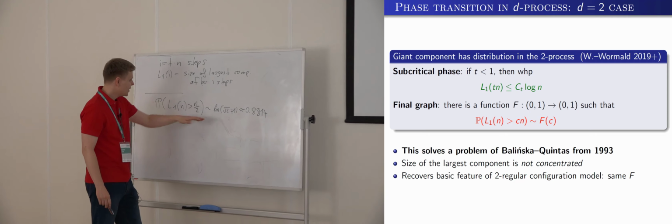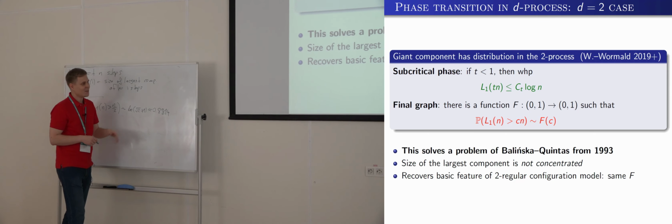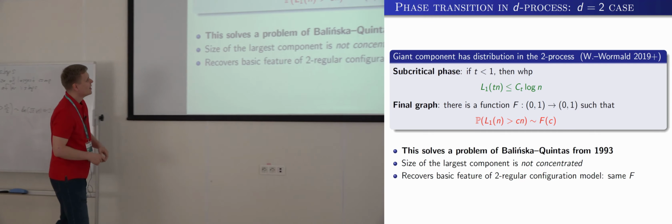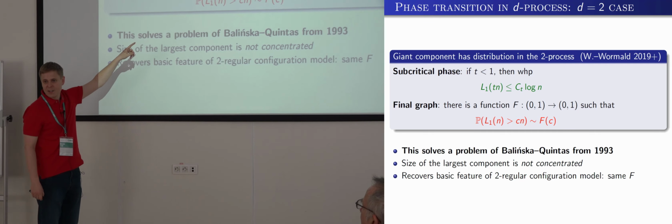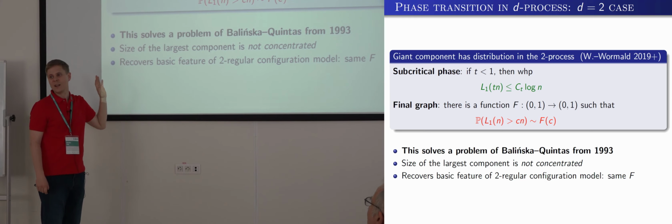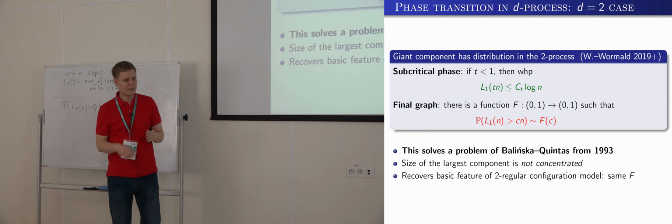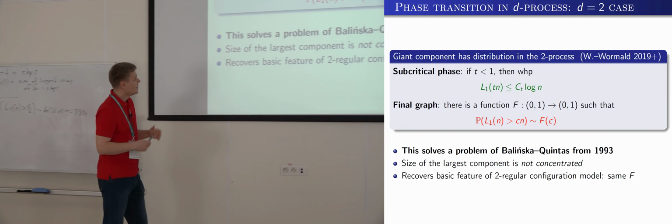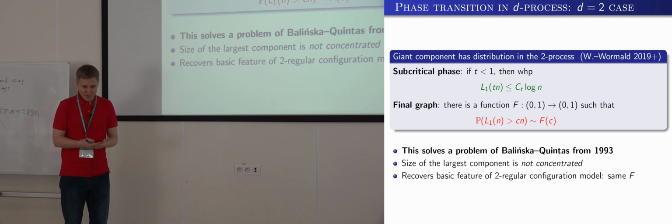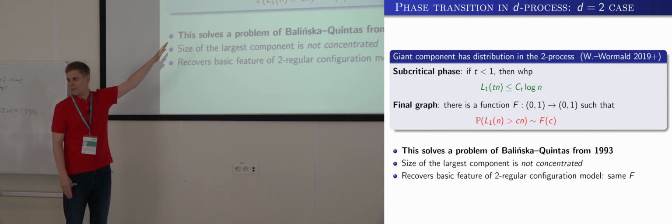You might wonder, how could they predict this so precisely? It turns out that the function f that we observe here in this 2-process is exactly the same function that you get for random 2-regular graphs. Random 2-regular graphs are basically a collection of cycles. If you ask there what's the probability that the largest component has size bigger than constant times n, you get exactly the same f of c.